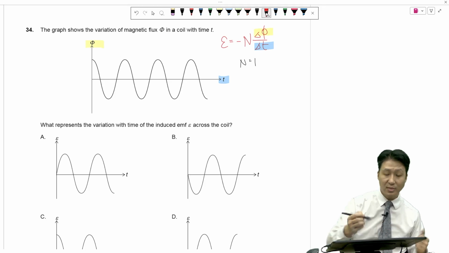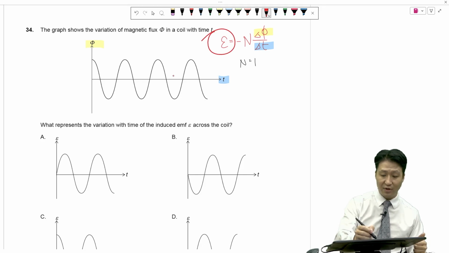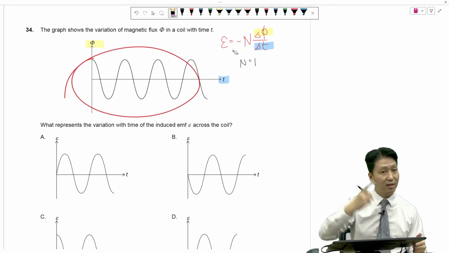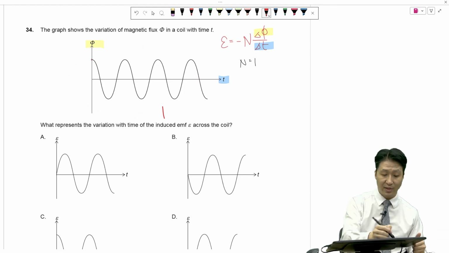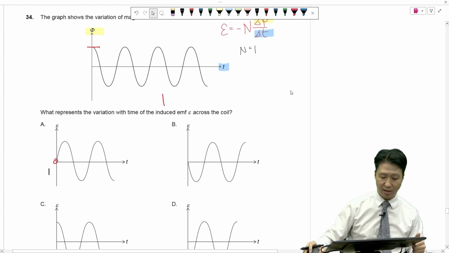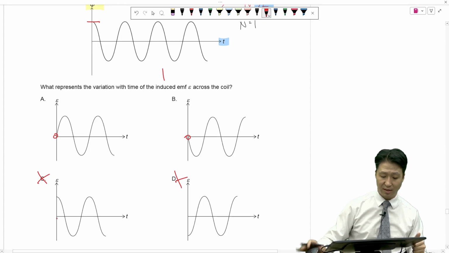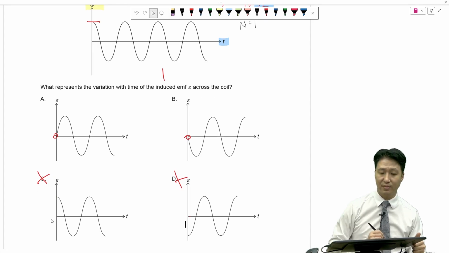So this graph for EMF has to be the slope of this graph, but flipped with a negative sign on top. So this graph has 0 slope at the beginning, which is what we see in option A and option B. C and D do not have 0 slopes at the beginning. They have some value, which means they cannot be the answers.